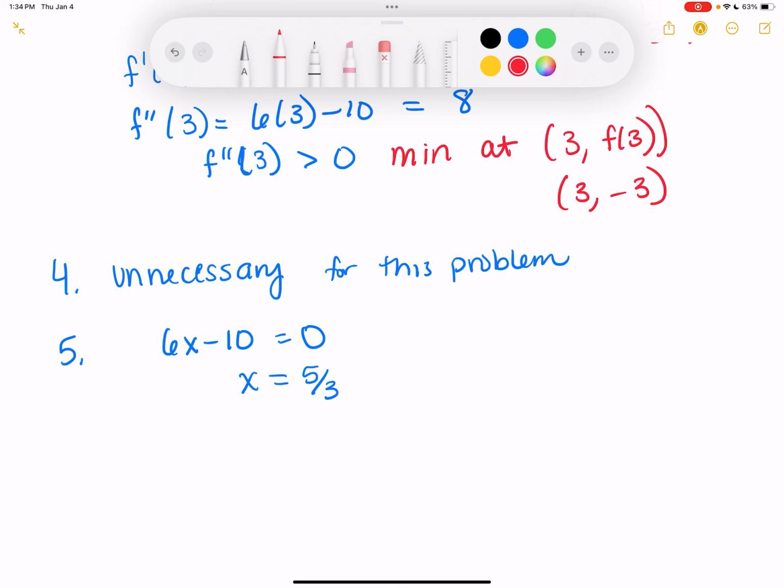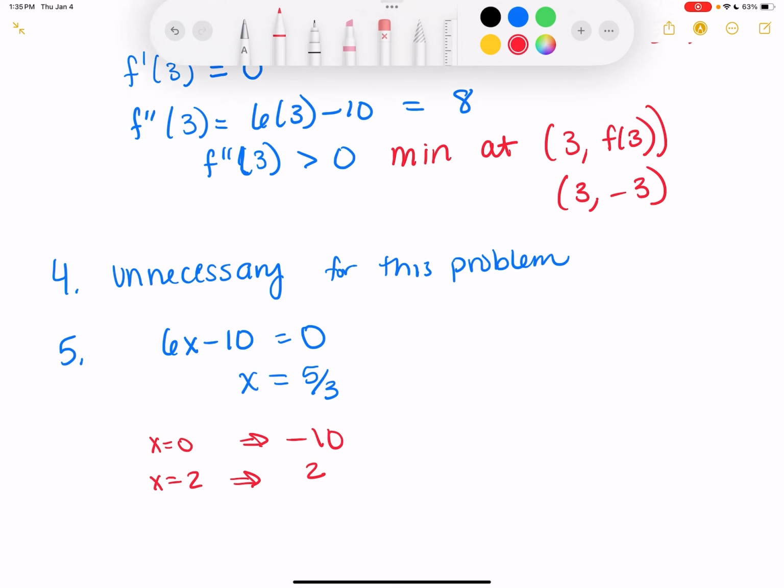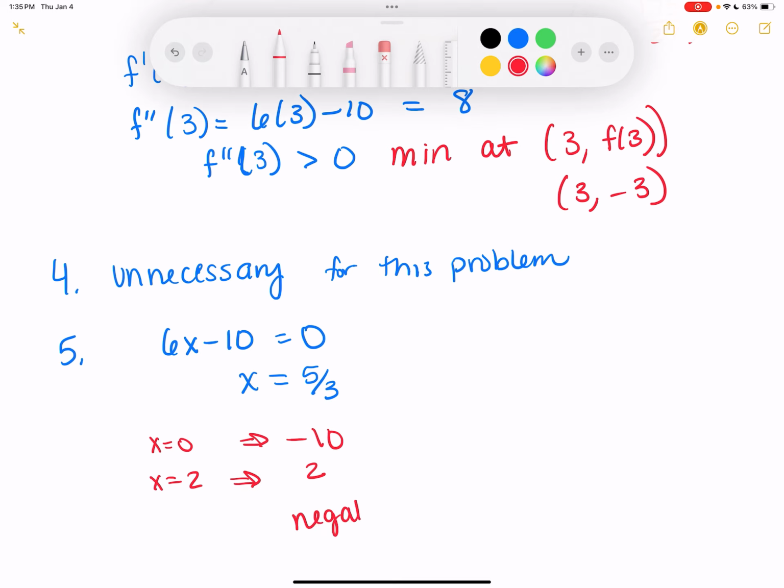So basically I'll just show it. If x is equal to 0, then this would have been equal to negative 10, but if x was 2, then it was a positive 2, so this goes from negative to positive.